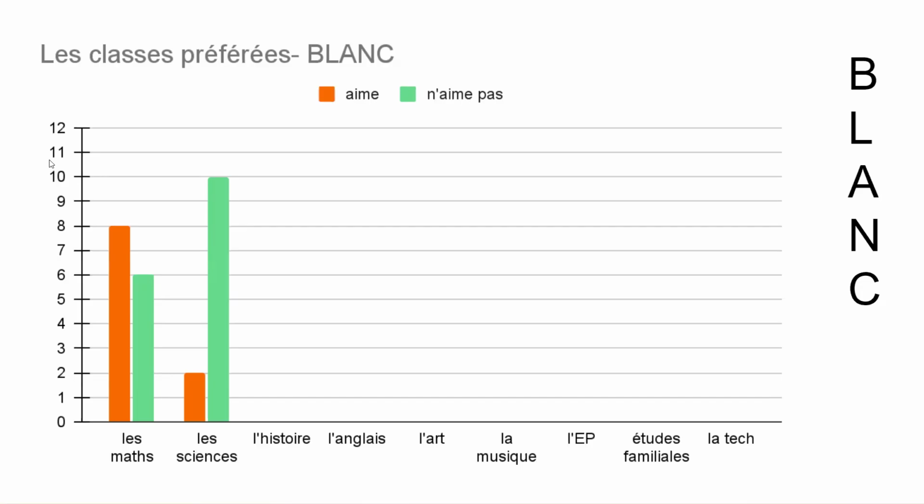So, 8 people liked math and 6 liked science. And I'd have them repeat the numbers, 8, 6, just to get a little bit extra practice in there. And then I would have them look as a class, okay, what was the most popular? So I tell them, look at the orange.